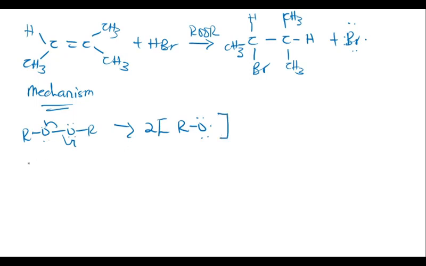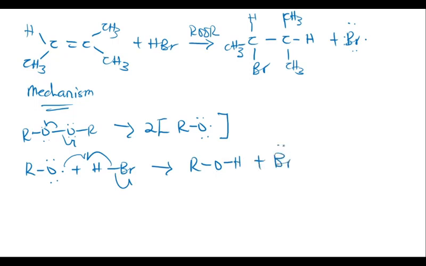Once we have the radical, this radical will now react with hydrogen bromide, and if this happens, one of the electrons over here will react with this electron, breaking the other electron onto the bromine. So we have this, which is technically an alcohol, plus a Br radical.